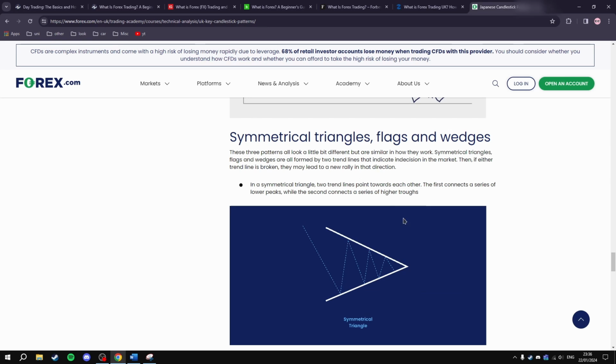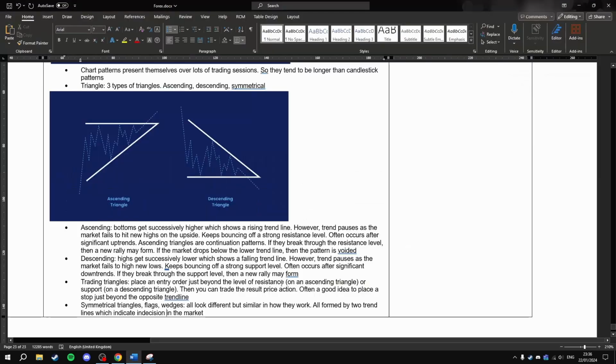Then, if either trend line is broken, it may lead to a new rally in that direction.